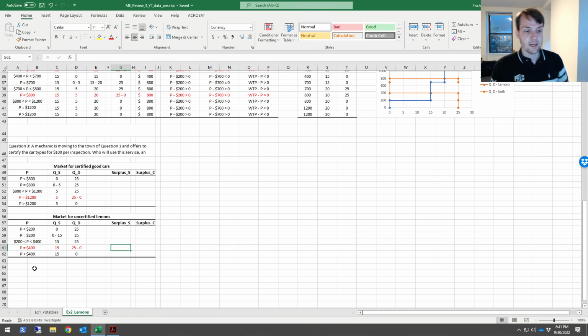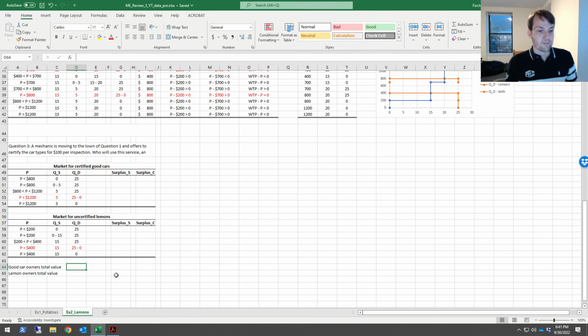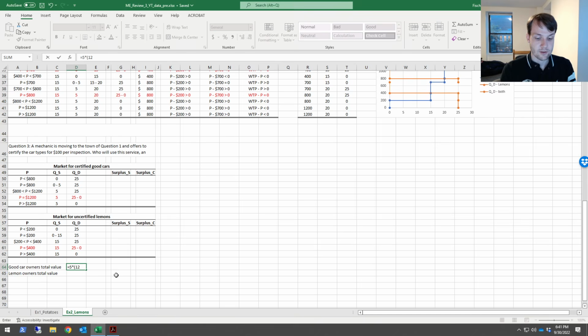So how much do good car owners and lemon owners get in total? The good car owners, we know they're going to sell 5 cars. They're going to get $1,200 for them. They have a reservation value of 700, and they need to pay the mechanic 100.